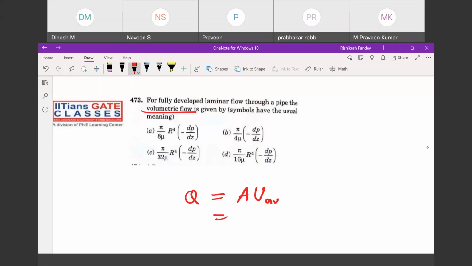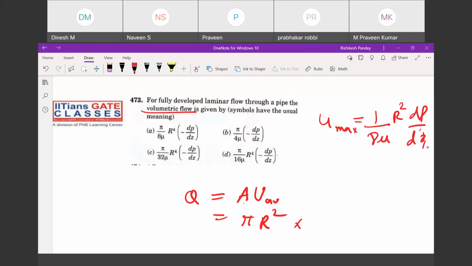See here what you will have to do. Area is pi r square, and U average. So U average is what? U is the general velocity, or maximum velocity. If you see, it is 1 by 8 mu r square dp by dz.